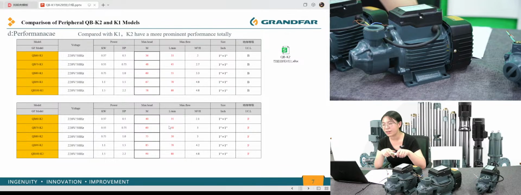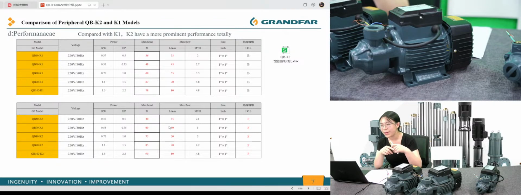As I marked in the graph, it mainly improved in two parameters: the max height and the max flow. You can see the voltage and power are almost the same between the old one and the new one.